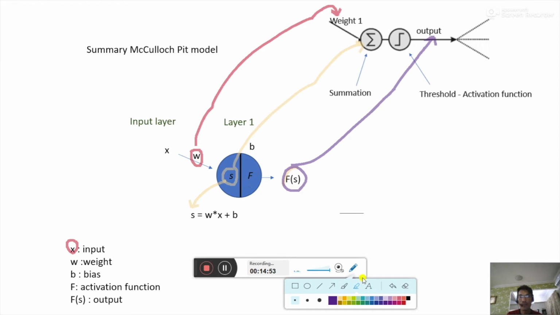So when you put S into the function, it becomes the output.